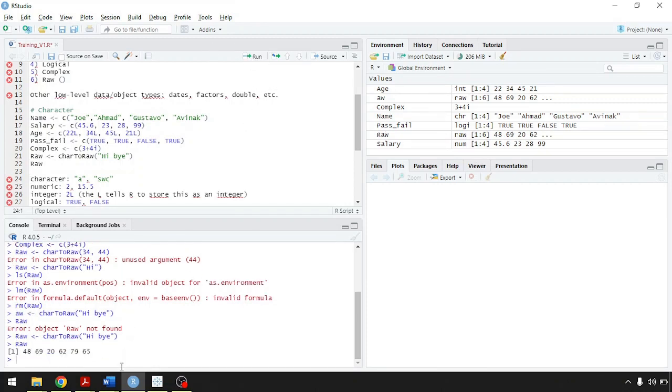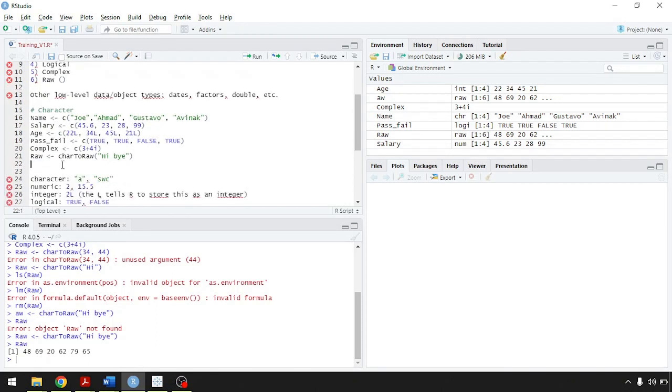There you go. So these are the raw bytes: 48 is associated with H, 69 is associated with I, space is always 20, 62 is B, 79 is Y, and 65 is E. These are the raw bytes associated with the values inside that object.